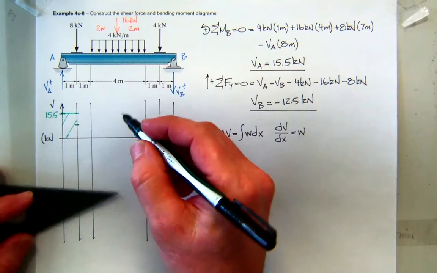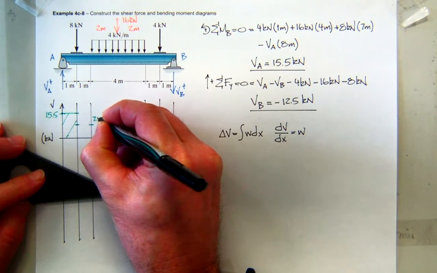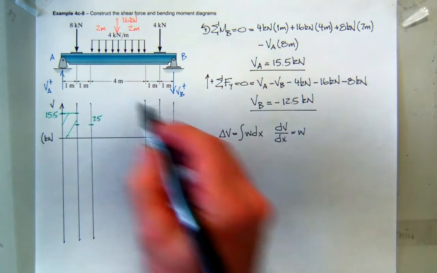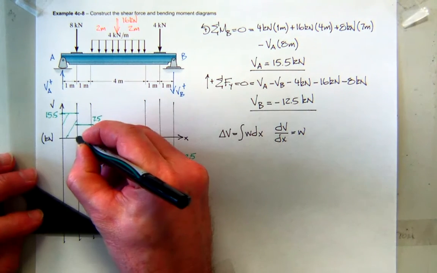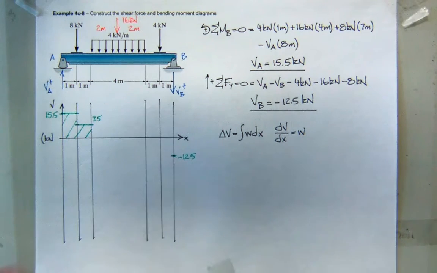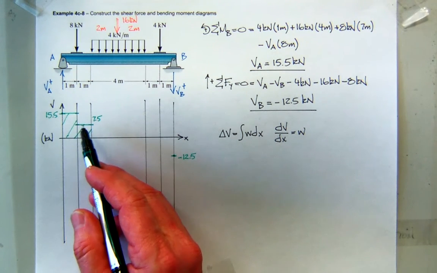So there is no change. And of course, the slope of that line is given by the load, and the load is 0. So it looks like I have a set of steps going on. Start at 15.5. Right after 1 meter, step down to 7.5.